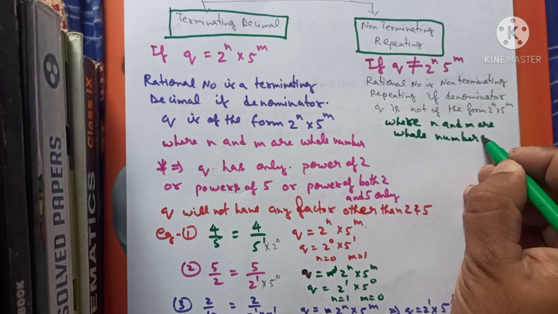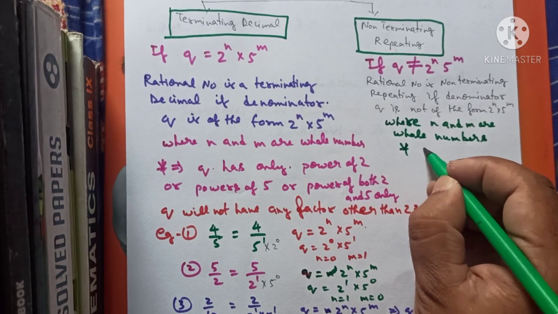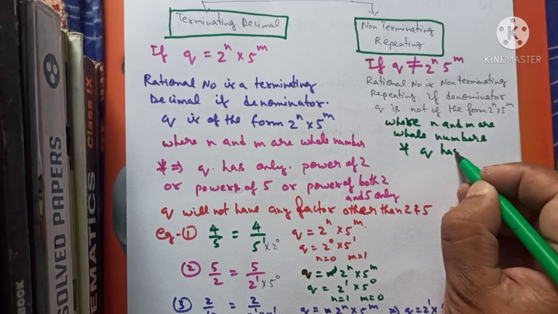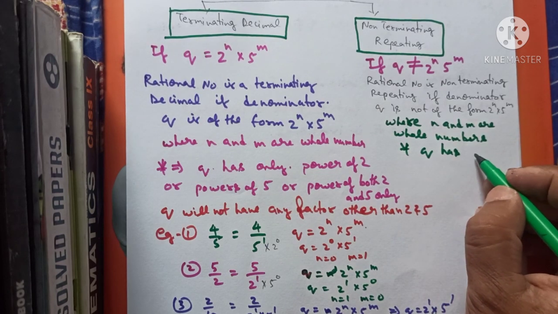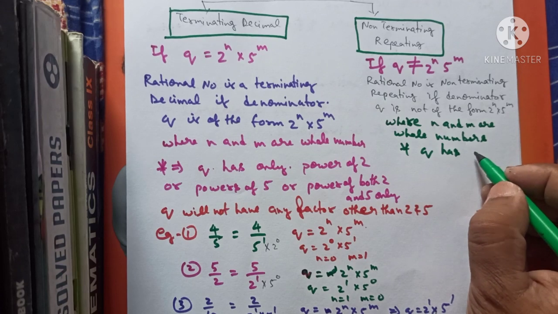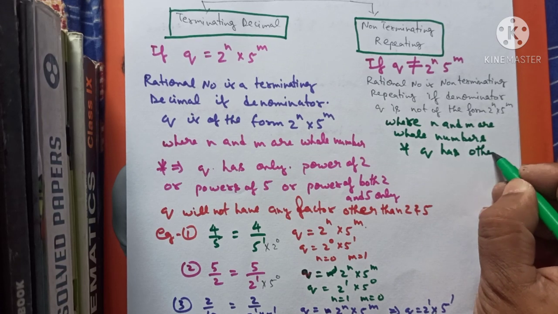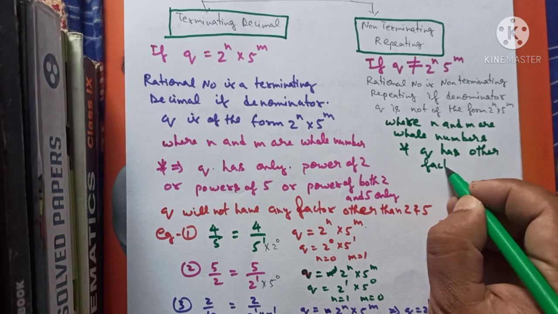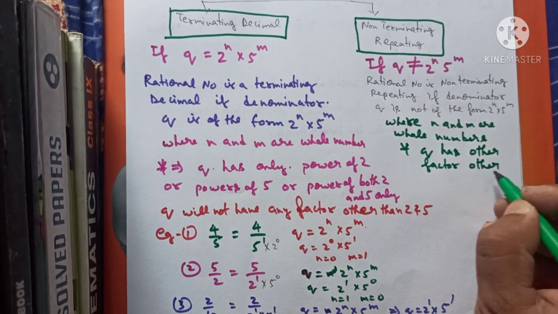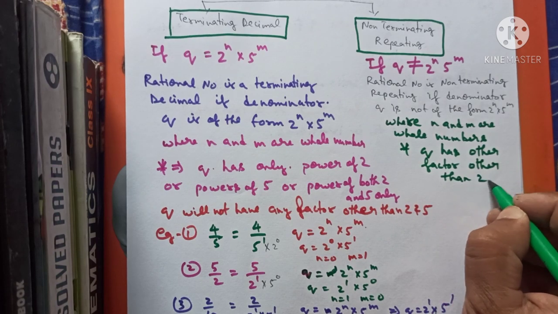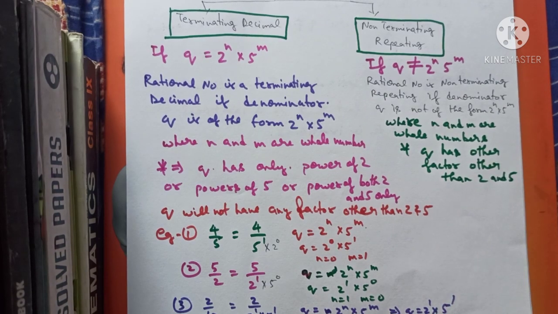It also means that Q has any other factors other than 2 and 5, or it does not have 2 and 5 as factors, it has any other factor.